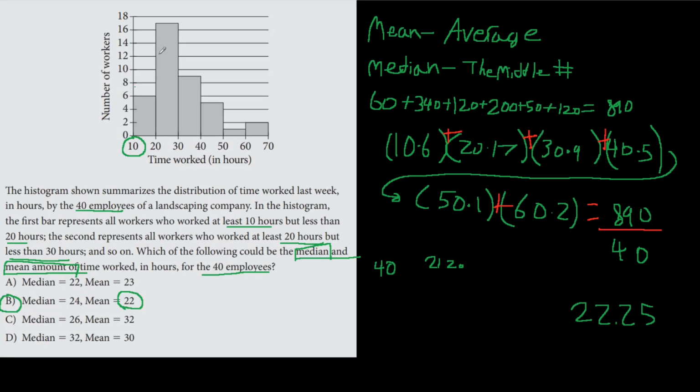So you know that the median is going to be in this area, and because you know it's going to be in the 20s, you can cross out D. We can't know the exact median because they don't give us exact numbers, but we know it's in the 20 area because the 20th and 21st person are within the 20 hours worked area. So the answer is B.